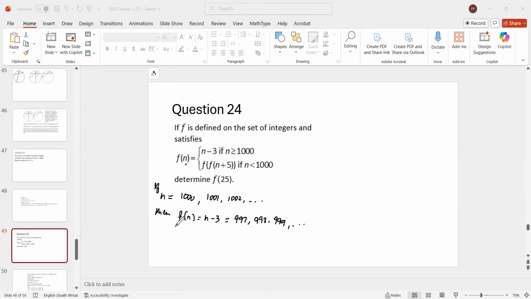But if n is smaller, if n is any one of the numbers from 1, 2, 3 up to 999, that is n less than 1,000, it's an integer, then f of n is given by this funny thing here. It's f of f again of n plus 5. All right. And the question is find f of 25.